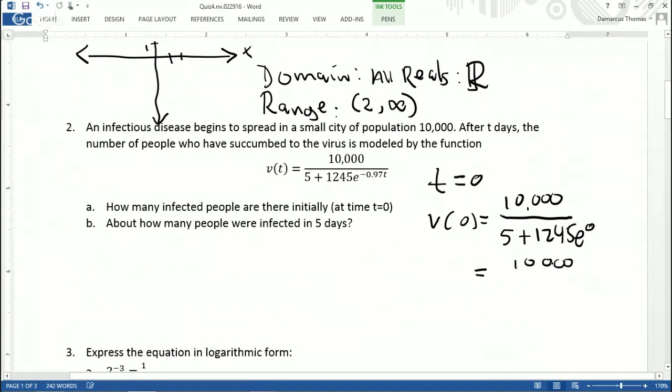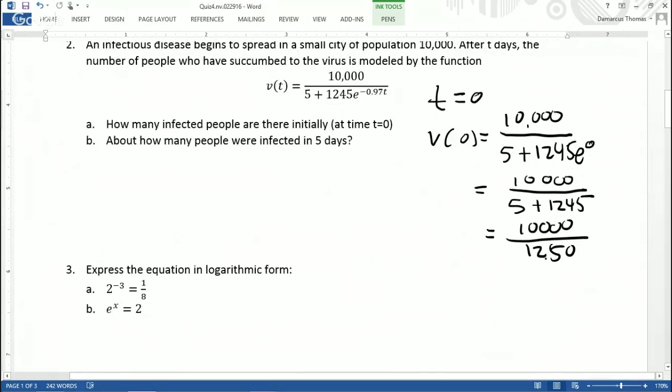So we have 10,000 over 5 plus 1245. That's 10,000 over 1250. Now, 1250 is actually a pretty nice number. If you double 1250, we get 2,500. And 2,500 goes into 10,000 4 times, and so 1250 will go in there exactly 8 times.